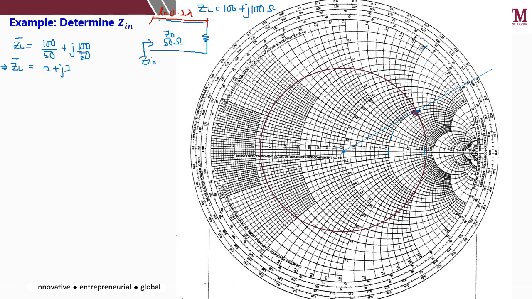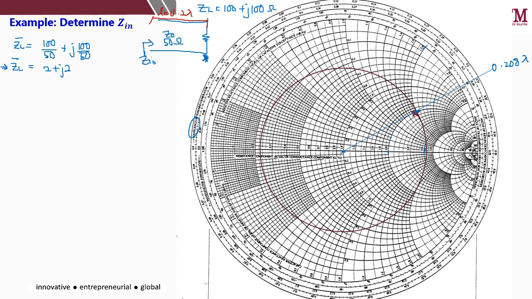Okay, the current position is here. So for the current position, you read through the wavelength scale, the outer part of the axis. So you'll get 0.208 wavelength. This is the current position.